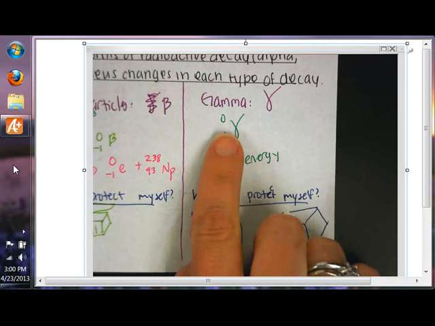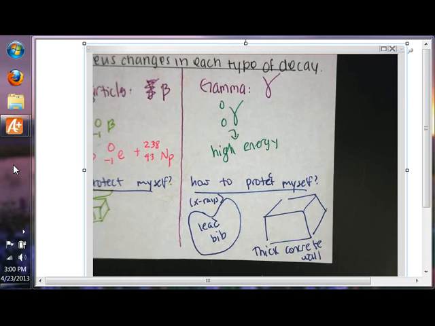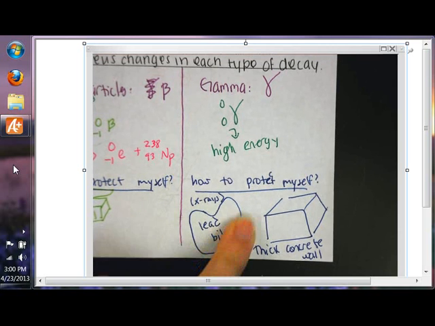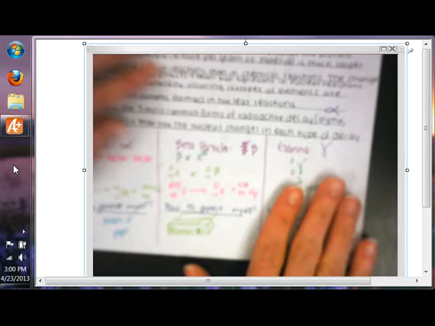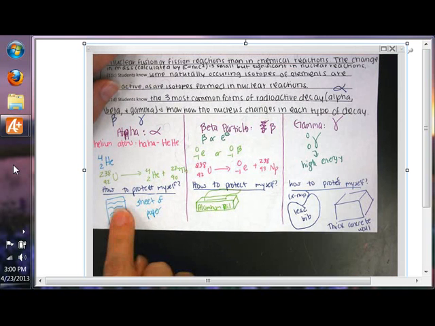To protect yourself, you would have to use something like a lead bib, like when you get an X-ray. They put a lead bib on you to protect you from those rays. Or a thick concrete wall. You need something very substantial to protect you from gamma radiation. That's the first thing you need to know: alpha, beta, gamma, the strength is increasing, and you need something more substantial to protect yourself.